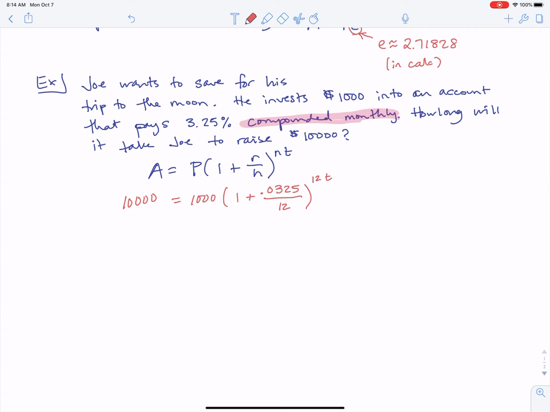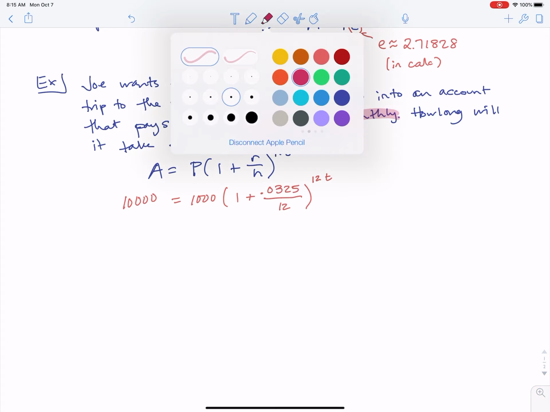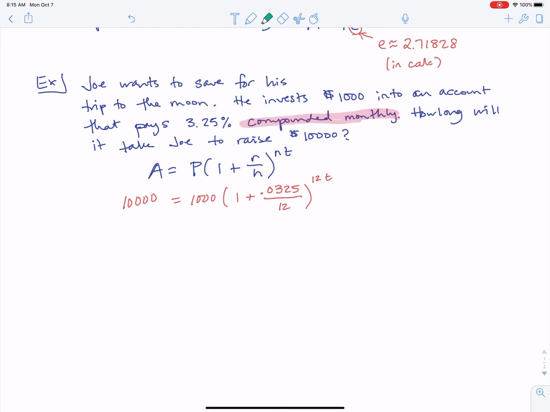So to solve this, we are solving for a variable which is in the exponent, so you're going to have to use logarithms. All right, so we're going to have to solve this like we've been doing in class. We are going to have to isolate the term that has the exponent. So this guy right here needs to be isolated. We're going to get this guy by itself.